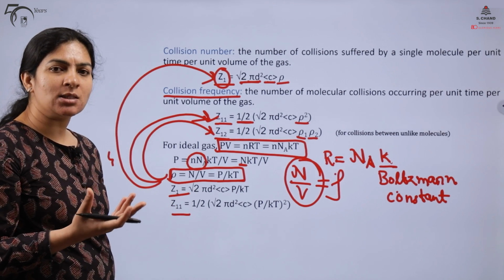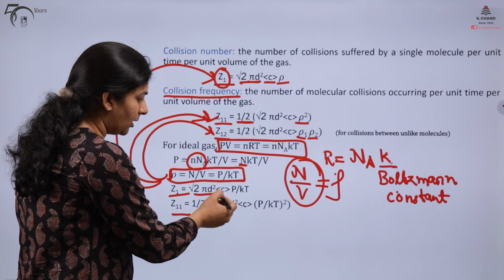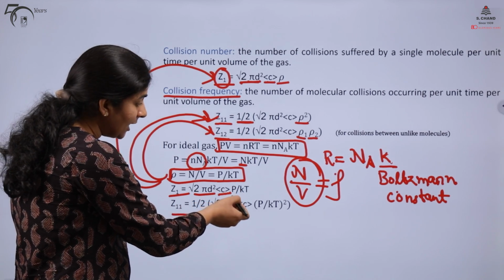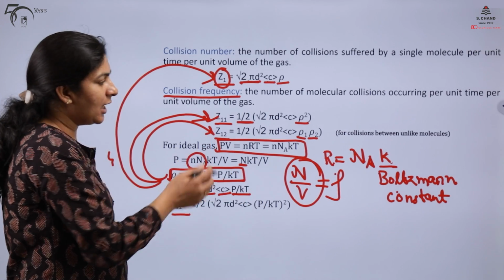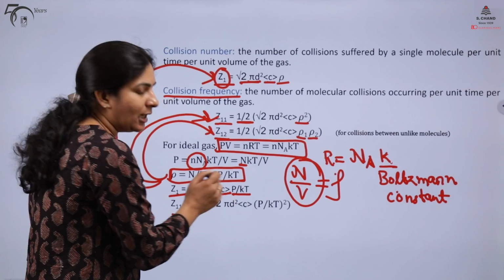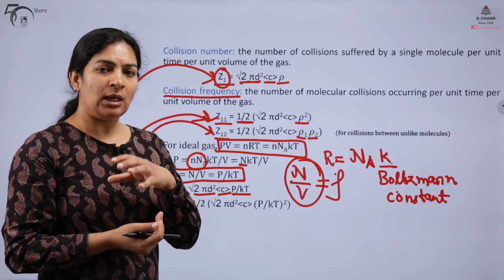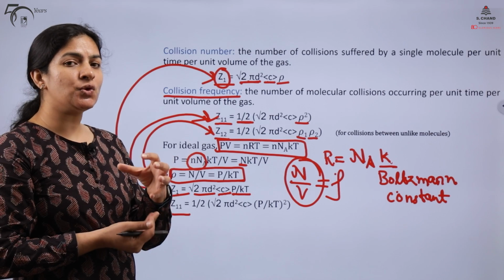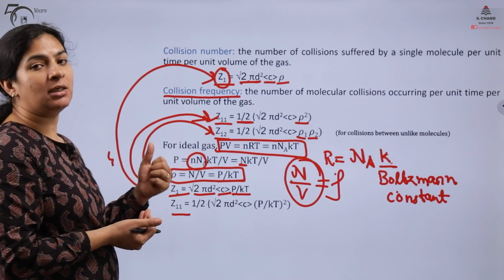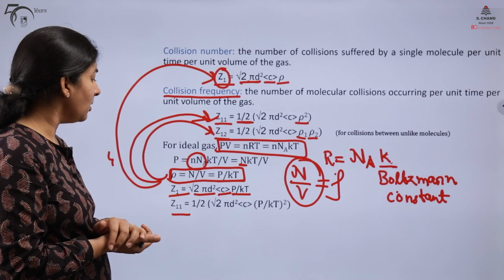And what are the factors upon which it depends? It depends upon the collision cross section and the average velocity, and here we have converted this into pressure and temperature so that we can highlight the relationship of pressure and temperature to the number of collisions taking place.